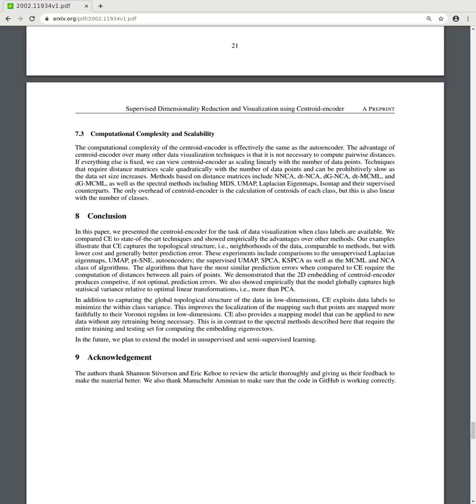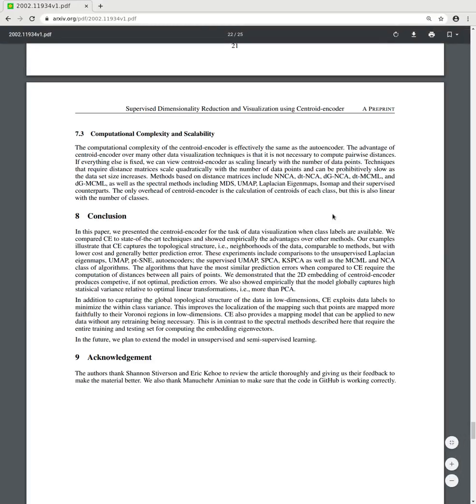CE also provides a mapping model that can be applied to new data without any retraining being necessary. This is in contrast to the spectral methods described here that require the entire training and testing set for computing the embedding eigenvectors. In future, we plan to extend the model to unsupervised and semi-supervised learning.